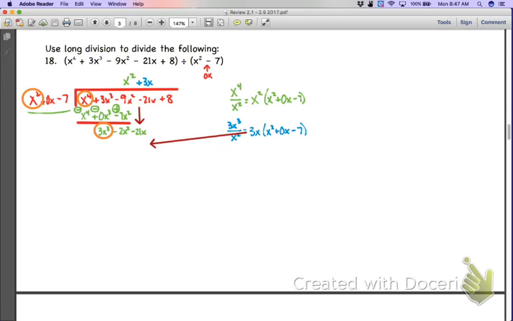So 3x to the third plus 0x squared minus 21x.